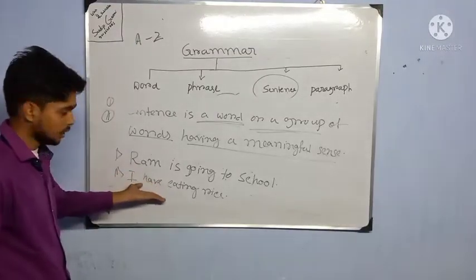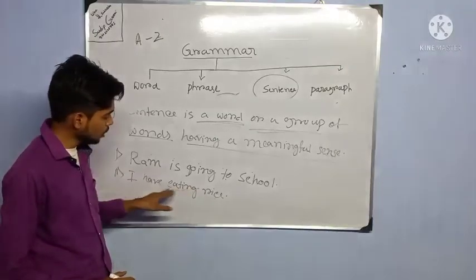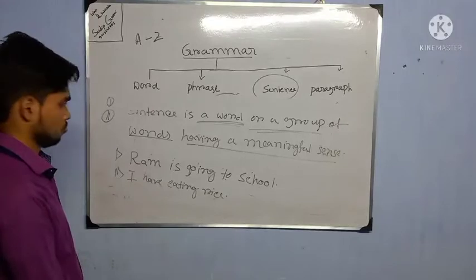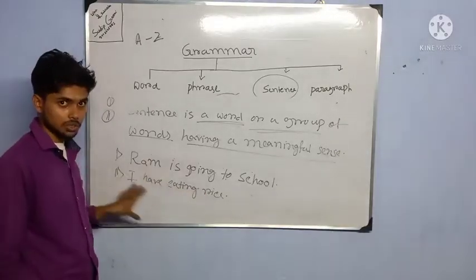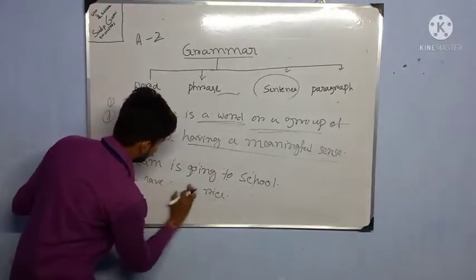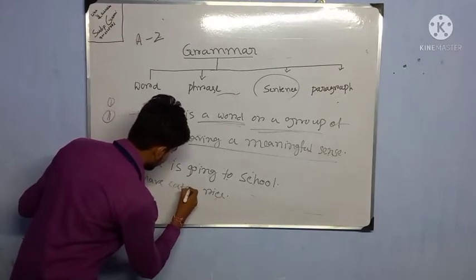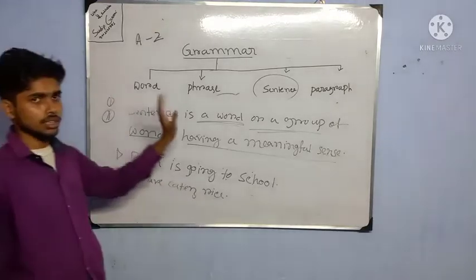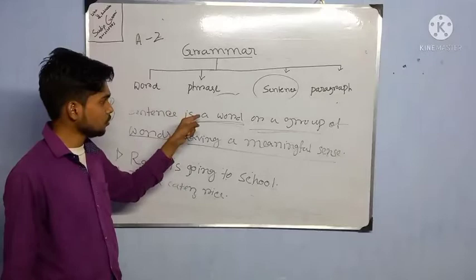Second condition, is there any meaning in this sentence? Look at, there is no meaning. This is a grammatically wrong sentence. We will have to write I have eaten rice. So the first condition is a group of words or a single word.